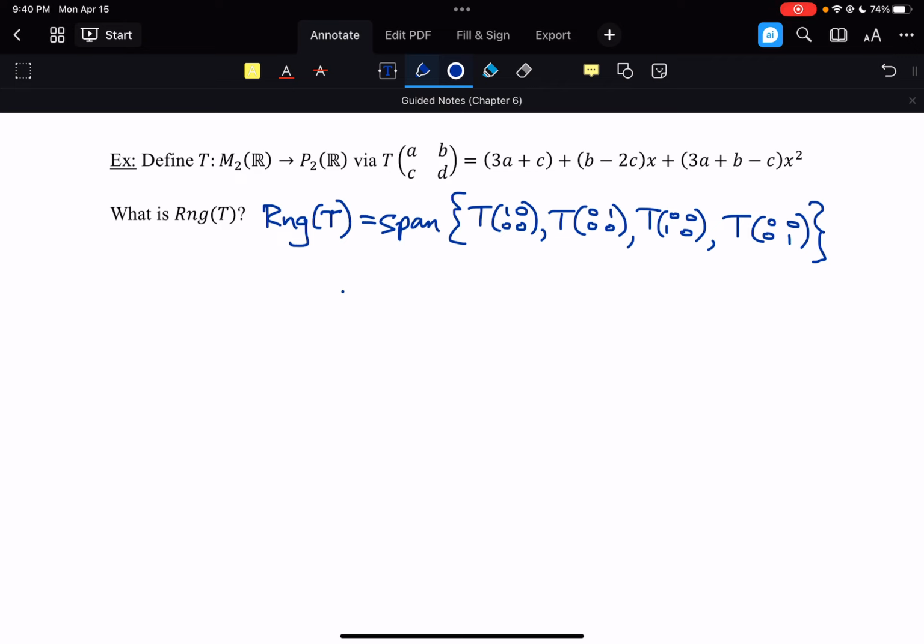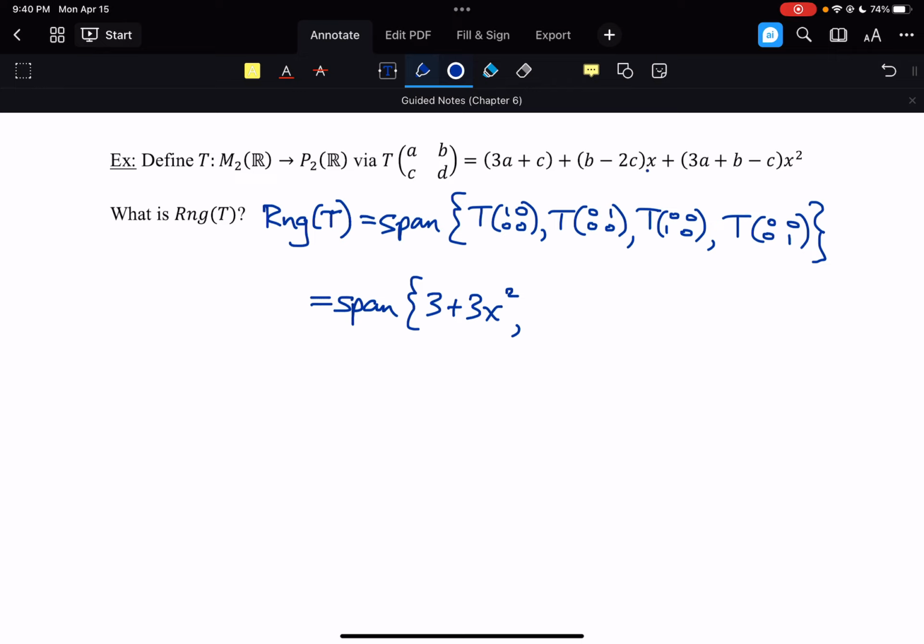So if we go ahead and perform the transformation, we'll start with [1,0;0,0]. That means A is 1, and B, C, and D are all 0. So that's going to be 3 plus 0 plus 3x squared. For [0,1;0,0], B is 1, and A, C, and D are all 0.